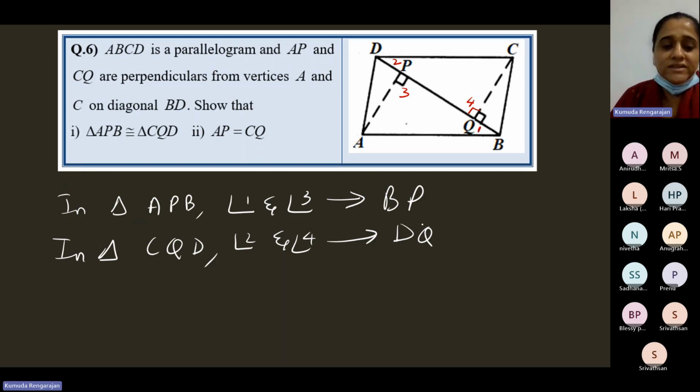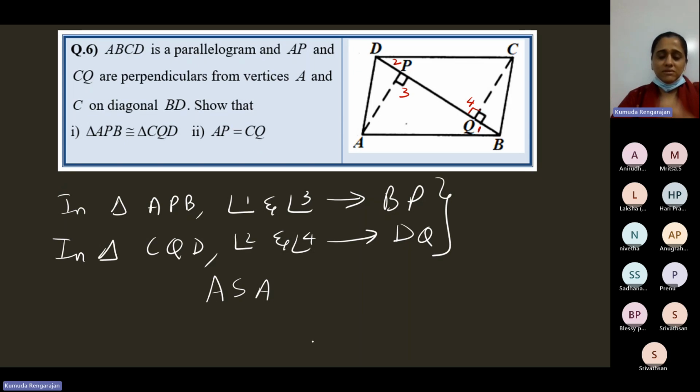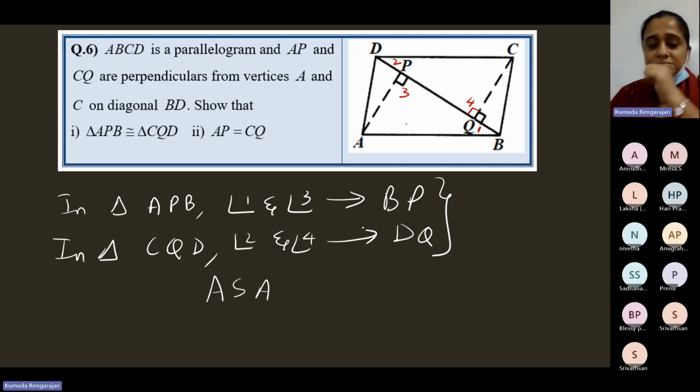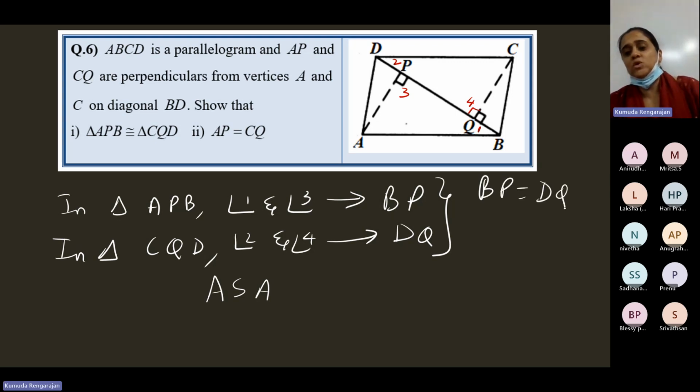If you have to say that the triangles are congruent by ASA, that is two angles and the included side, these are the included sides. Then you must have this information, BP is equal to DQ.